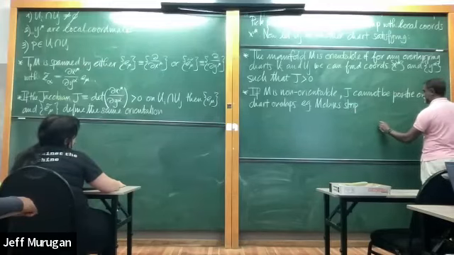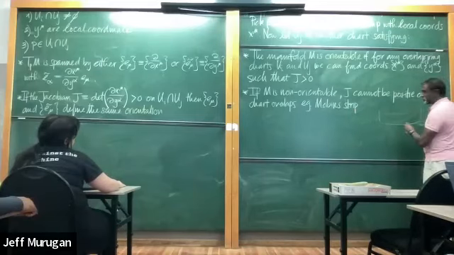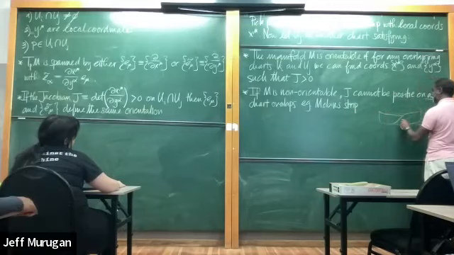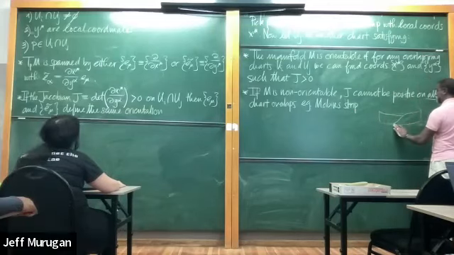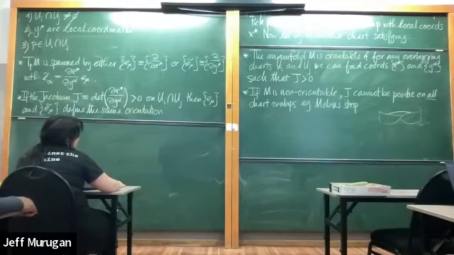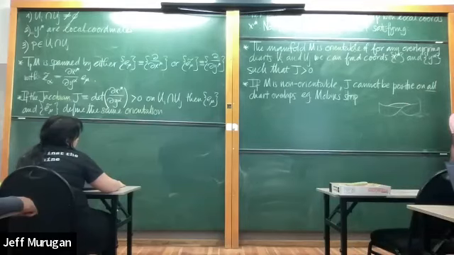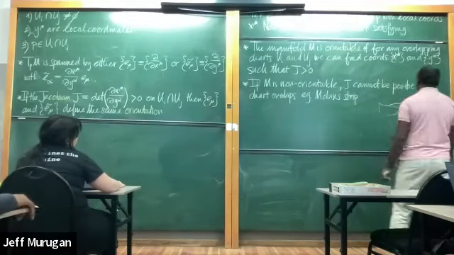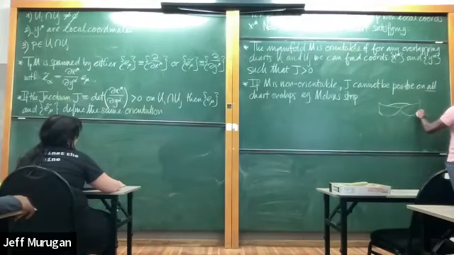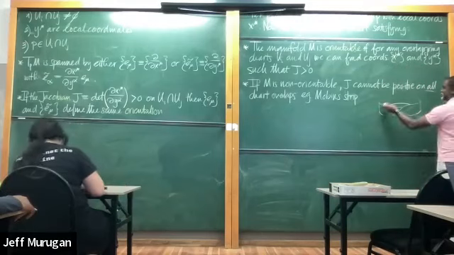Everybody knows what it looks like. The Möbius strip is just a cylinder with a twist.